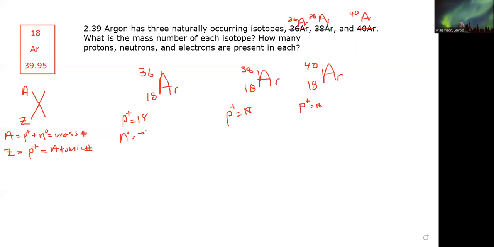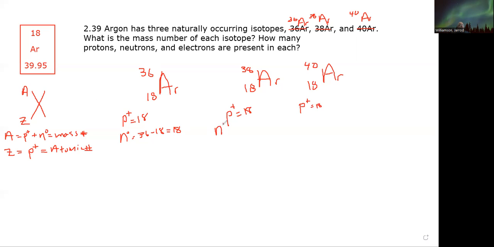That's going to be 36 minus 18, because the mass number is protons plus neutrons. That number is 36. Of those, 18 of them are the protons. So what's left over, 36 minus 18 is what? 18, right? That'll be the number of neutrons.